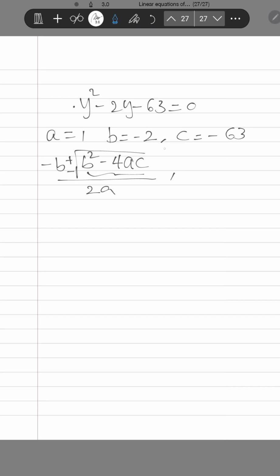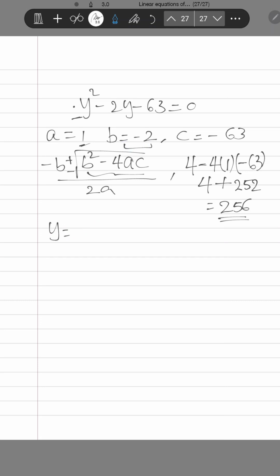B squared is minus 2 squared, which is 4, minus 4 times a, which is 1, and c is minus 63. Two negatives make the sign positive. 4 times 63 is 252, and we have a 4 in here, which is 256.